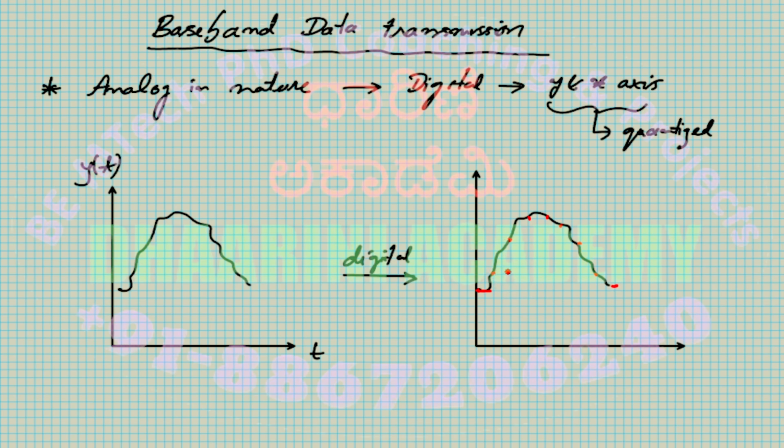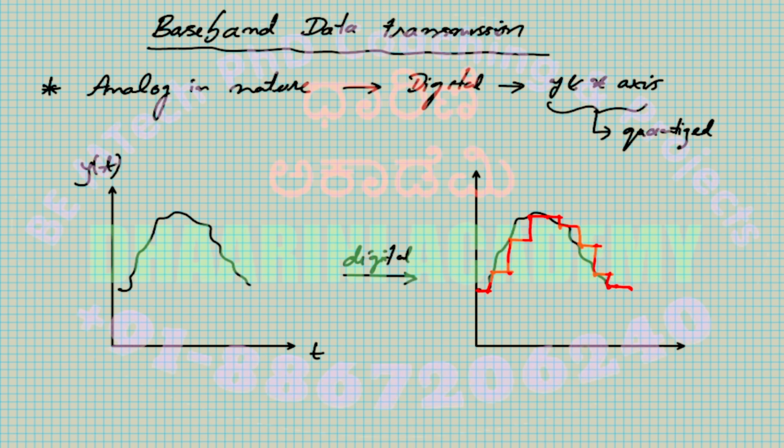So only the red lines you see are the digital version of the analog signal. Then it moves till here, it comes down to a new value, it moves like this. Anyway, we can connect them if required for our understanding.